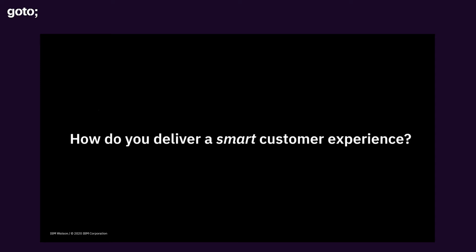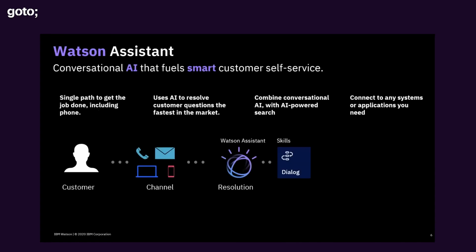That leads me to the next point. How can you deliver a smart customer experience? Let's take a look at Watson Assistant. This diagram illustrates how the product delivers an omni-channel customer experience. The customer interacts with the assistant through one or more of these integration points.